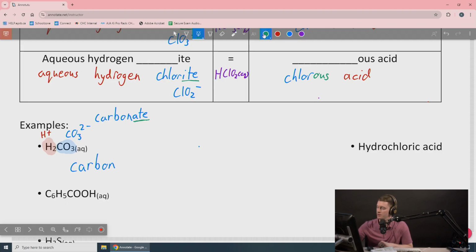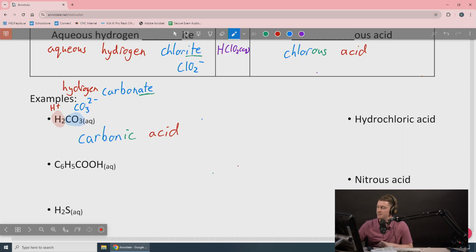Carbonic acid. This was called, I'll just complete this, hydrogen carbonate. Yes, it's aqueous, so aqueous hydrogen carbonate, and it's now changing into carbonic acid because the ate ending becomes ic and the word acid is at the end.